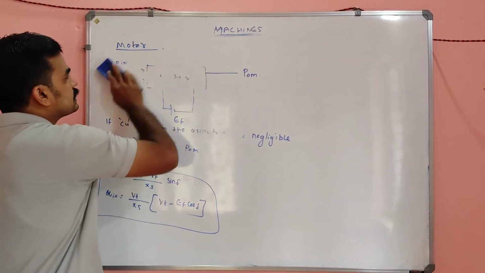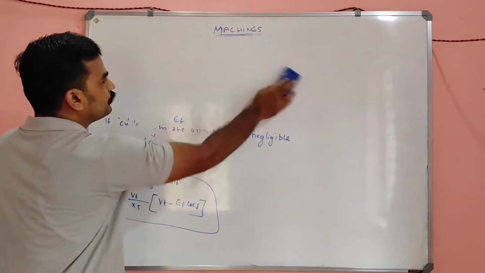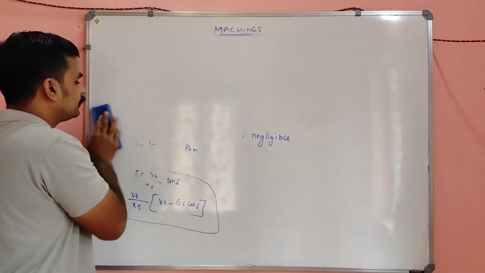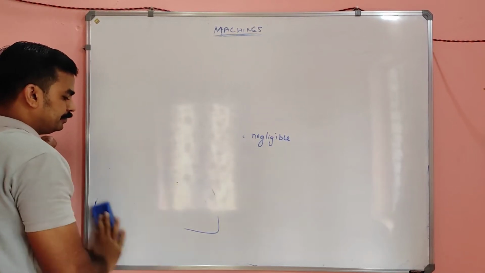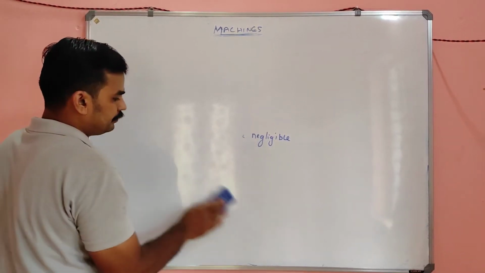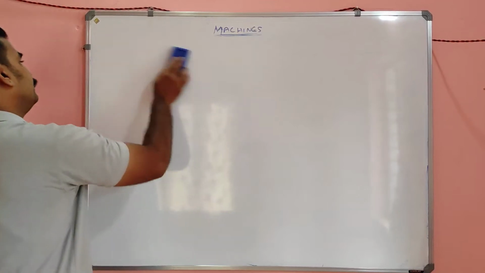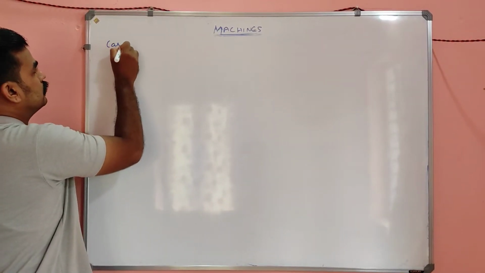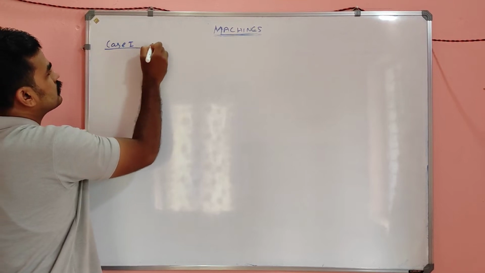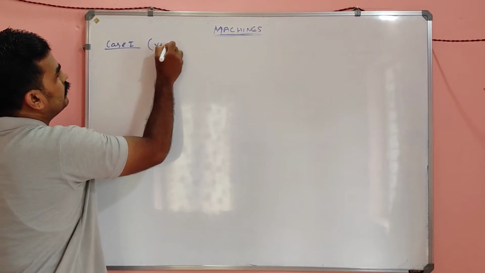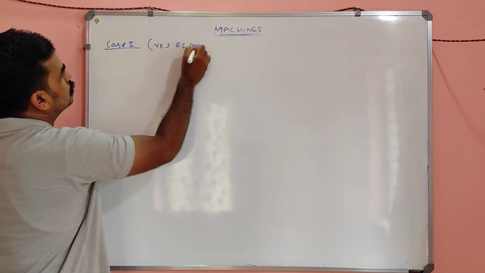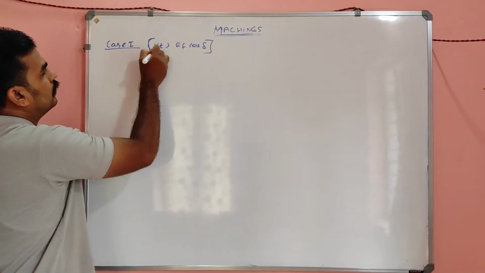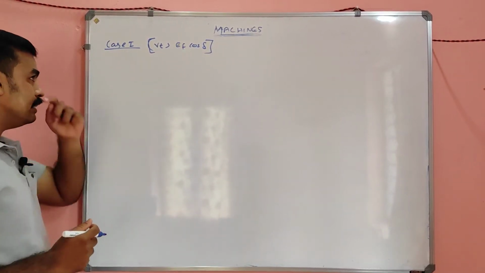Let's discuss case 1. Case 1 means, let Vt be greater than EF cos delta.